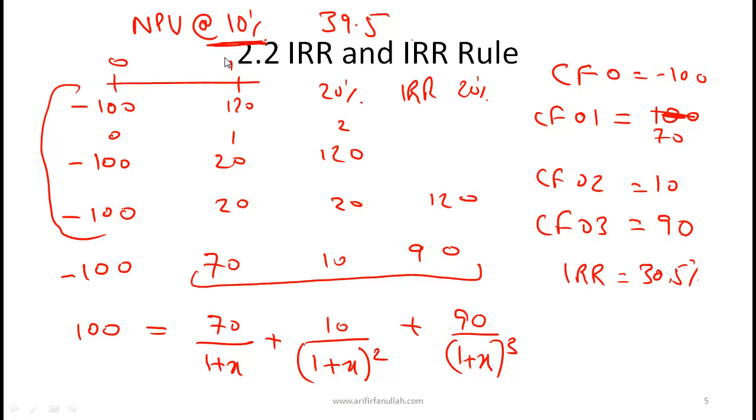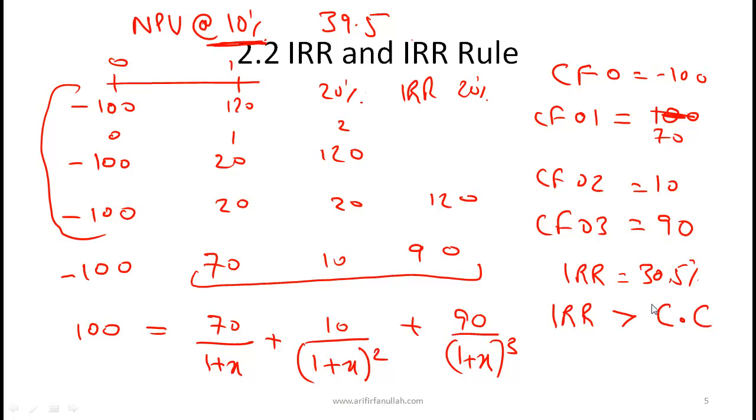So let's say for a given company, on average, it costs 10% to raise money. Then it makes sense to do only those projects where the return is more than 10%. So what does the IRR rule then become? The IRR rule then becomes that you do projects where the IRR is greater than the cost of capital.